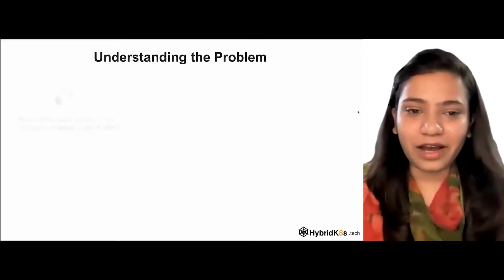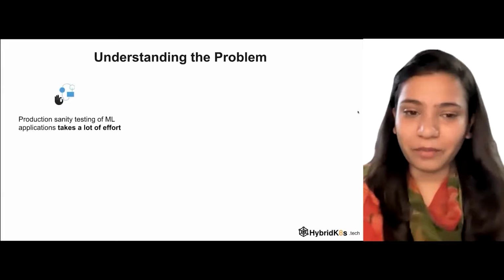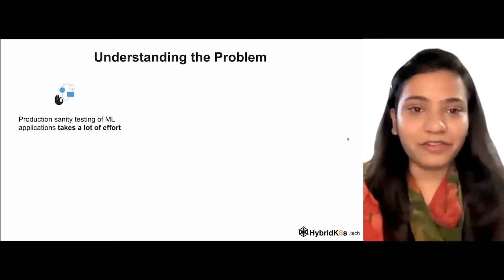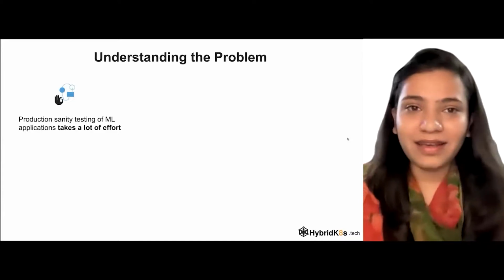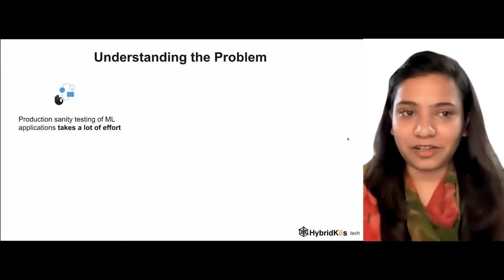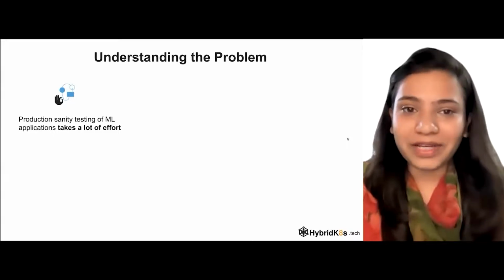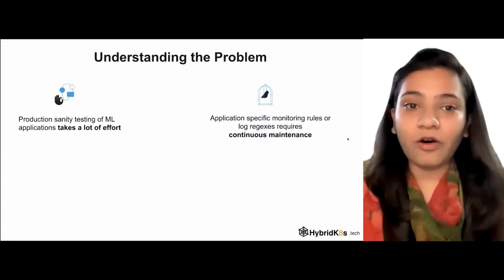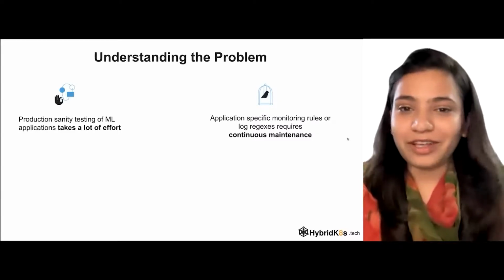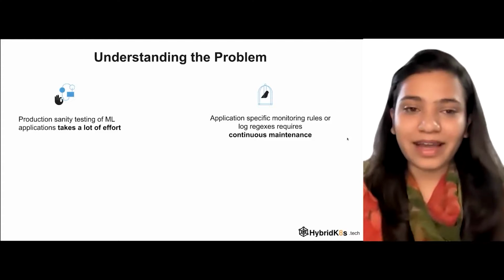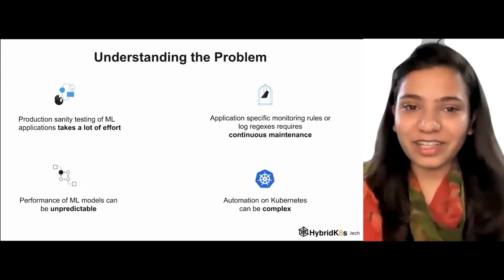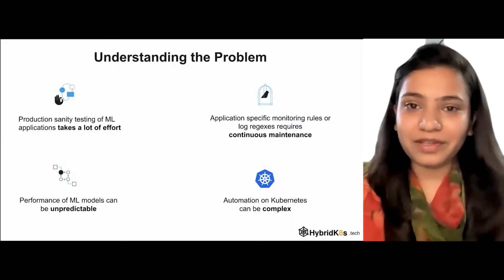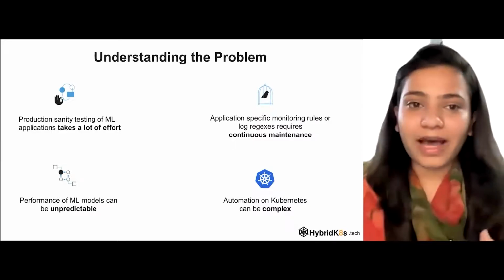So the challenges revolve around when you deploy your machine learning models, it takes a lot of manual effort to do production sanity testing to see if everything looks fine within logs and other metrics like latencies, error rates, etc. If you choose to go with automated scripts, which contain log regexes of your machine learning applications or validation on your network metric data, it will come with a lot of maintenance of those scripts and it becomes boring, right?